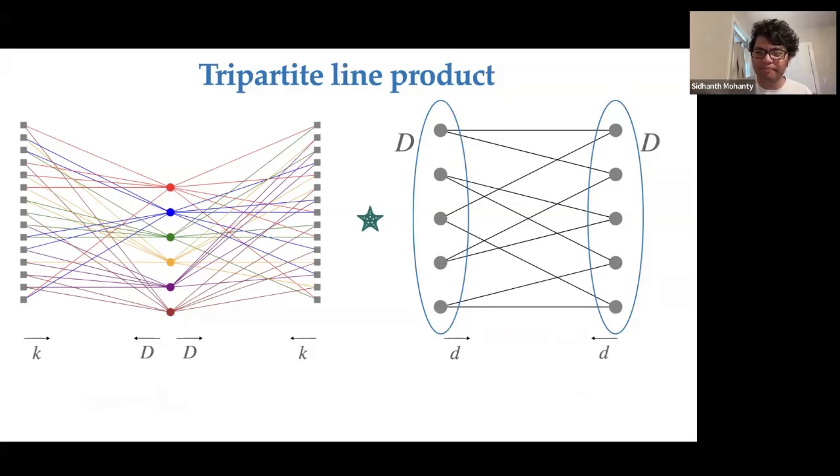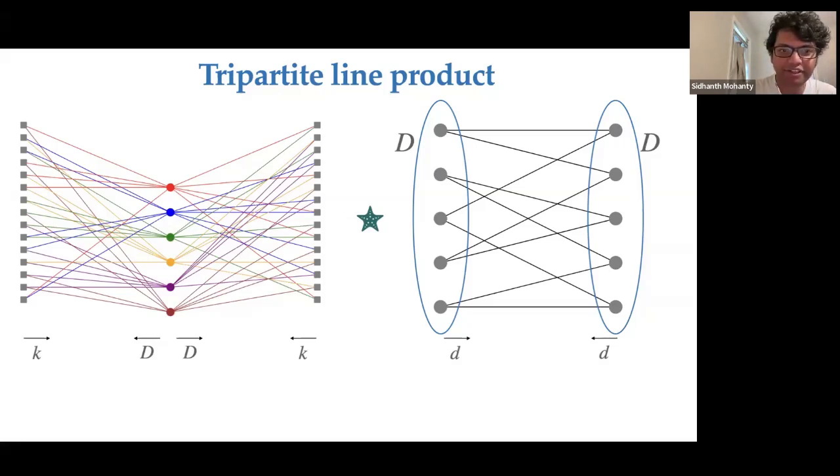And just to calibrate you all, I want to tell you some parameters of these graphs. The small lossless expander, like I mentioned earlier, has capital D many vertices on either side, and it has degree little d. Now, the amplifier graph on the left is a tripartite graph.